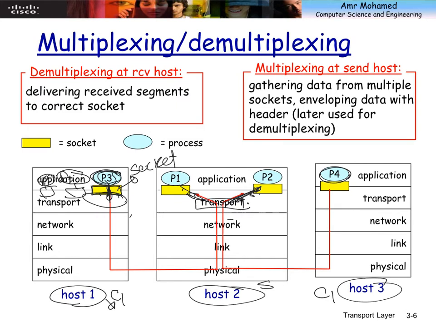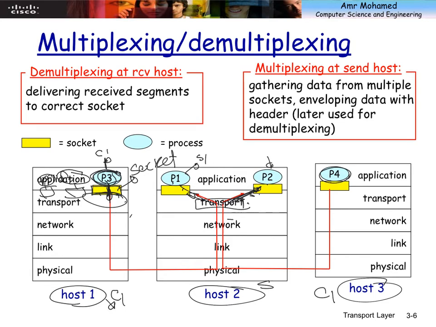So this is the client. This is the client one application, and this is the server one application. So on this server, you have two server processes, right? So for example, this application wants to connect to an FTP server. So P1 here is an FTP server. This application wants to communicate with a web server.